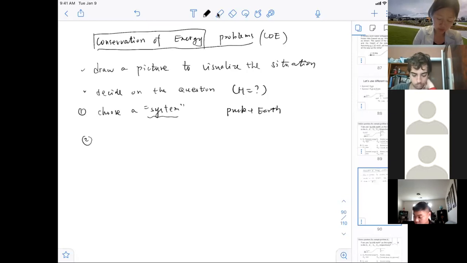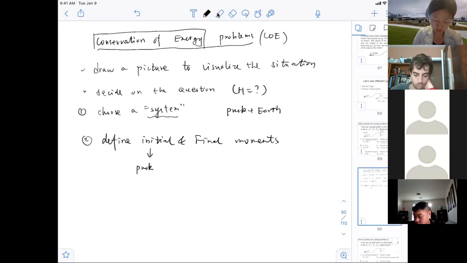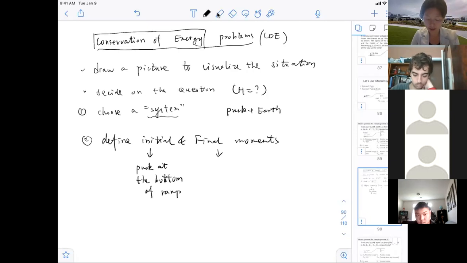And we need to define what is initial and what is final. You did that as well. We said initial is when the puck is at the bottom, when it starts to slide, and the final moment is when the puck is at its highest point.